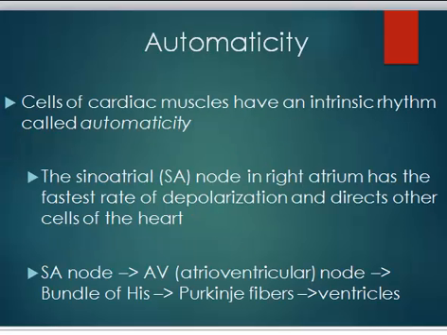Cells of cardiac muscle have an intrinsic rhythm, and that intrinsic rhythm is referred to as automaticity. And the rhythm is led by the SA node. The SA node acts sort of like the conductor, and it tells all the other cells of the heart how and when to contract so that it stays organized.